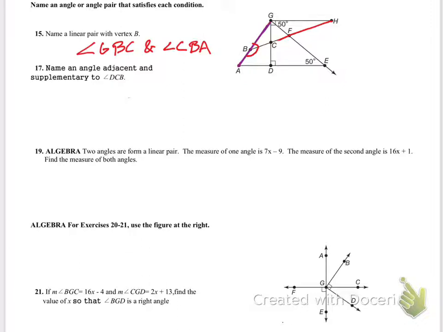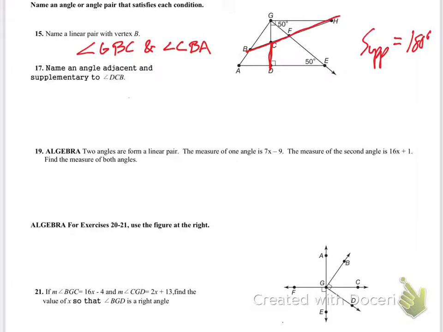Name an angle adjacent and supplementary to DCB. So DCB is right here. It's got to be adjacent and supplementary. So remember, supplementary is equal to 180 degrees or just a flat line. DCB, it looks like the only side that angle shares with another angle is this one right here.